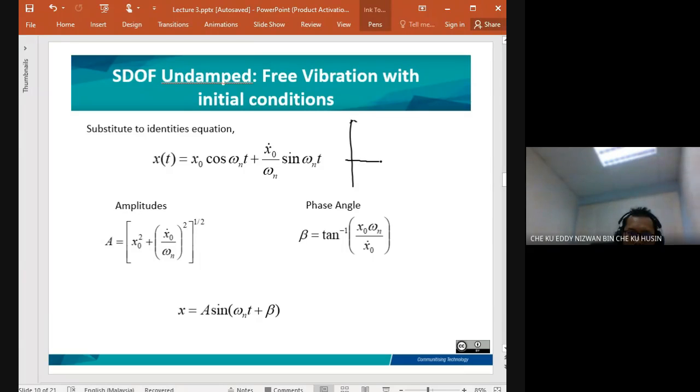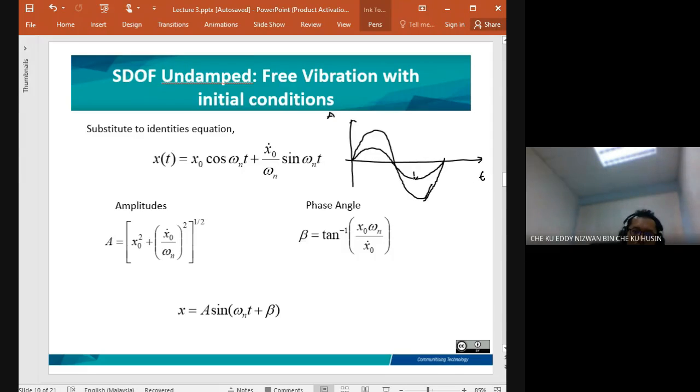The frequency doesn't change. If you give a different initial condition, it only changes the amplitude of oscillation. It doesn't change the frequency because the frequency totally depends on the stiffness and the mass of the system. So if you give a low initial condition, the system will vibrate like this. If you give a higher initial displacement, the response will be like this. Time, amplitude.